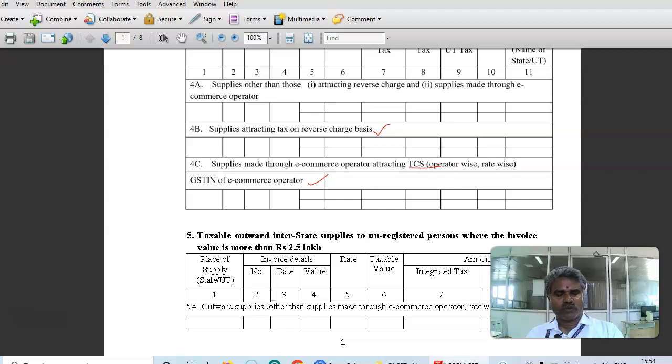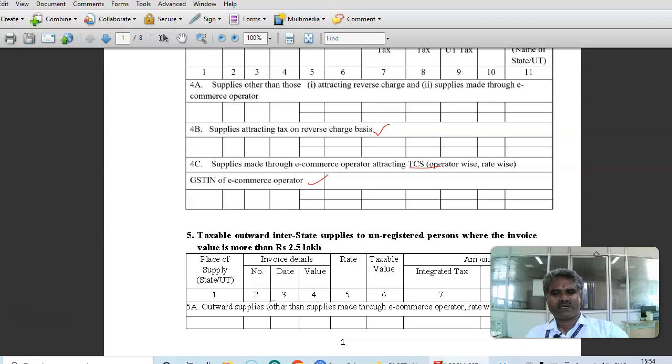Interstate, you supply goods from one person to another, one state to another state, but the person who is buying your goods from the other state has not registered their business properly. But when you sell goods to them for more than 2.5 lakhs, here you have to enter. So everything you have to mention here.